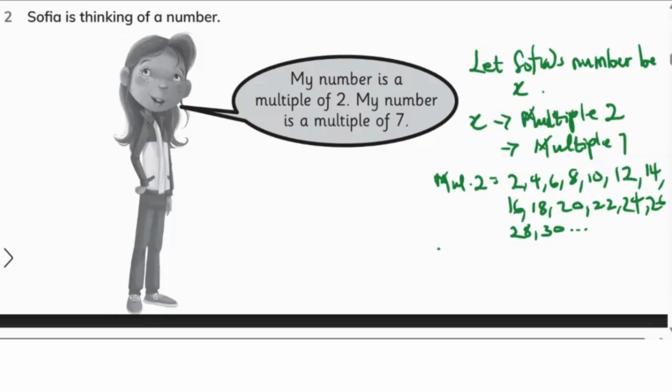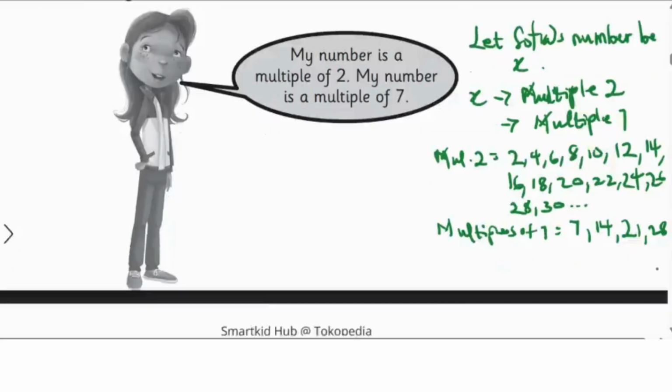Multiples of 7 are 7, 14, 21, 28. And because we ended at 30, let's just pause here.